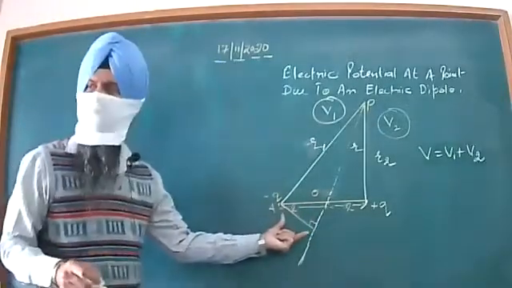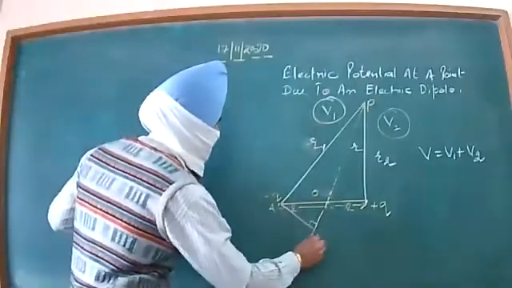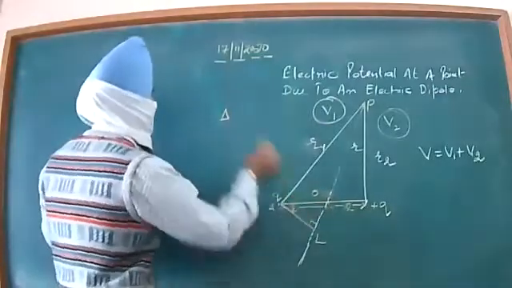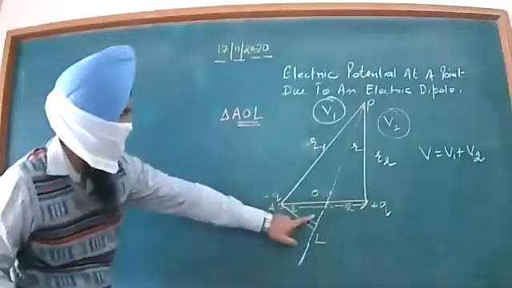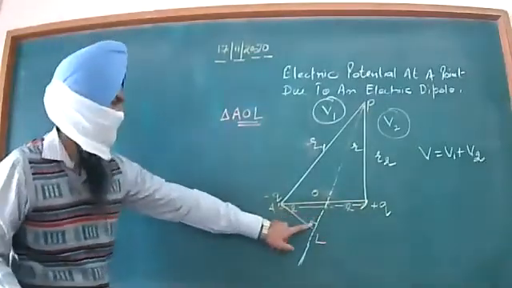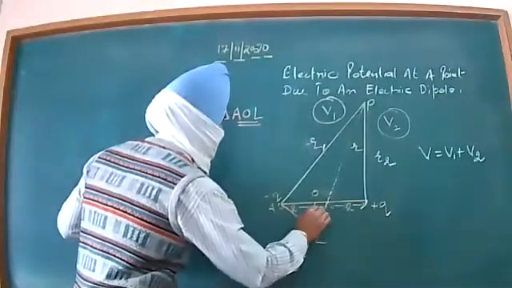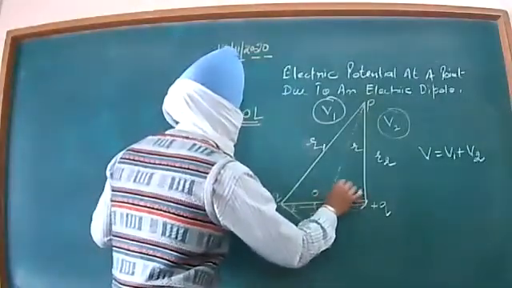This is the perpendicular drop, and you can mark this as a point L. You can see this small triangle A, O, and L. In this, this is the base. This is the right angled triangle. This angle can be treated as angle theta. Obviously, this will also be theta.